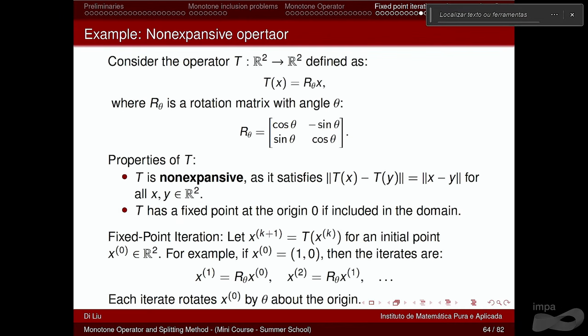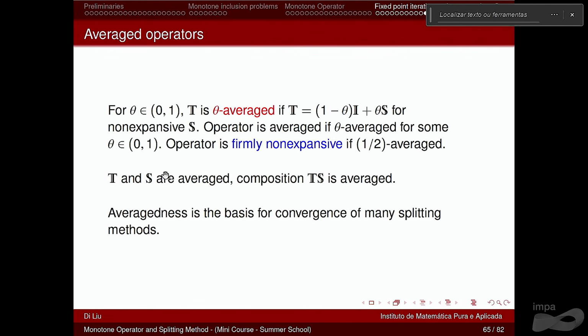Here is an example I mentioned before: non-expansive operators cannot guarantee convergence, but we will not go into this too much here. Then we need the averaged operator, which is stronger than non-expansiveness but weaker than contraction. It is just a combination of the identity and a non-expansive operator.